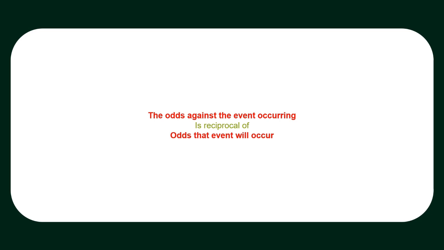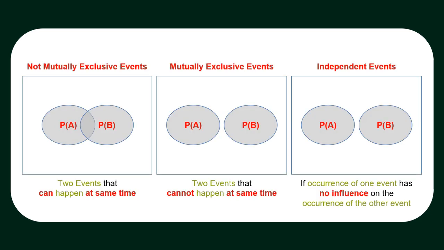As a next step, we will now discuss type of events and their probabilities. We will discuss mainly three types of events. First one is not mutually exclusive events. Second one is mutually exclusive events, and the third one is independent events.